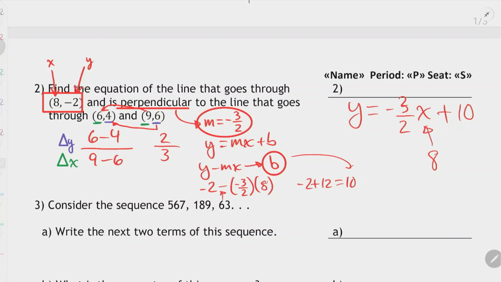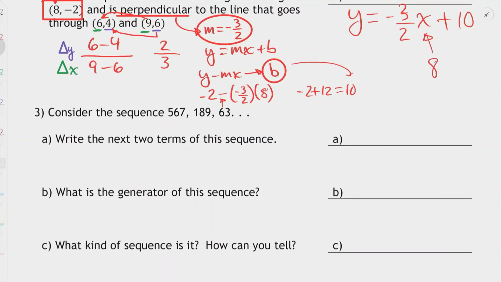You can check this on your calculator: negative 3 times 8 is negative 24, negative 24 divided by 2 is negative 12, and negative 12 plus 10 is negative 2. So it has the correct slope, the opposite reciprocal slope of the line that goes through the two given points, and it produces the correct output when I feed it 8.